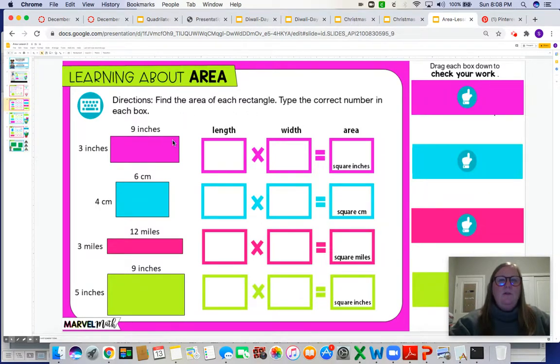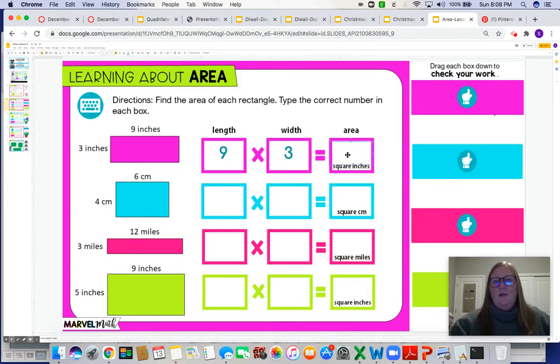So on the first one, the length is the long side, so the length is 9. And the width is the short side, so 9 times 3. Remember, if you don't know 9 times 3, you could do 9 plus 9 plus 9 3 times, or you could do 3 plus 3 plus 3 plus 3 9 times.